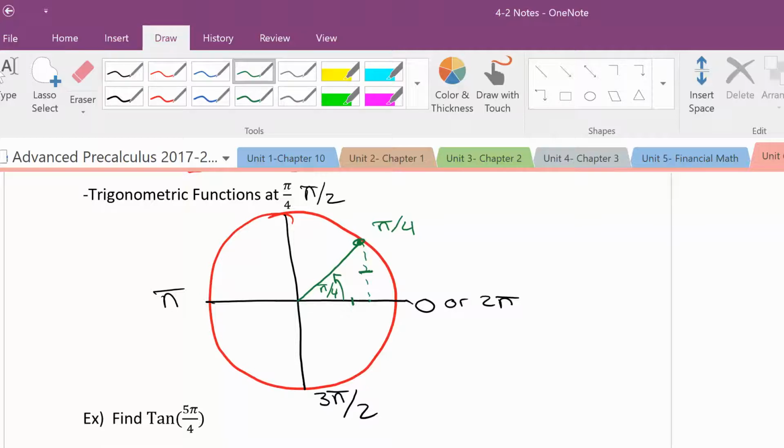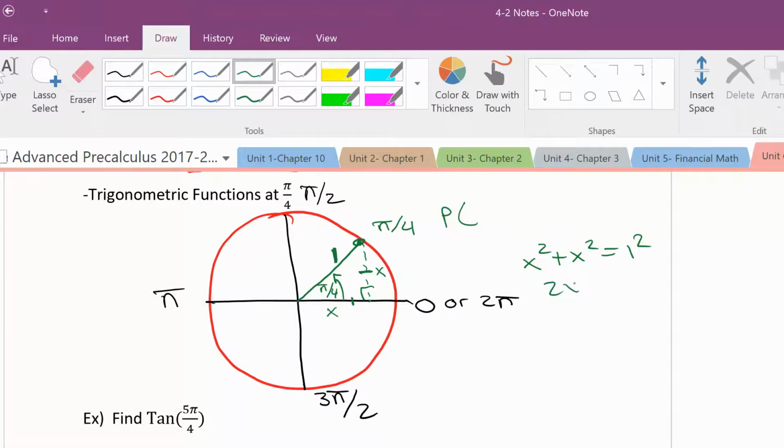Also think about it: if from here to here is 90, then pi over 4, or half, is 45, which means this is a 45, 45, 90. If this is 1, then the values here are going to be the same, so I'll label them both x. So you're going to have x squared plus x squared equals 1 squared, Pythagorean theorem.